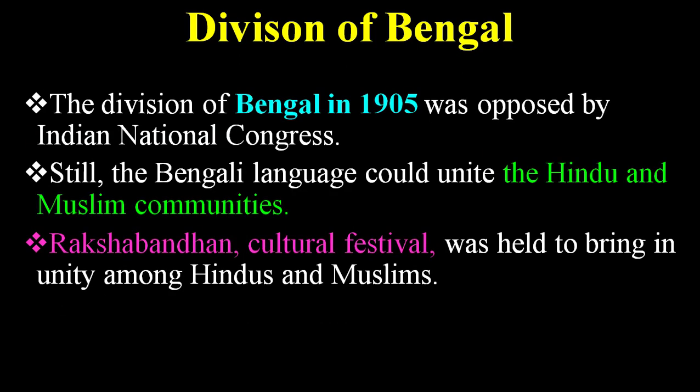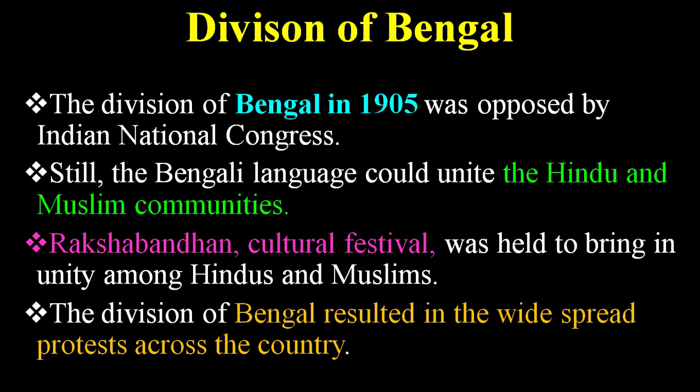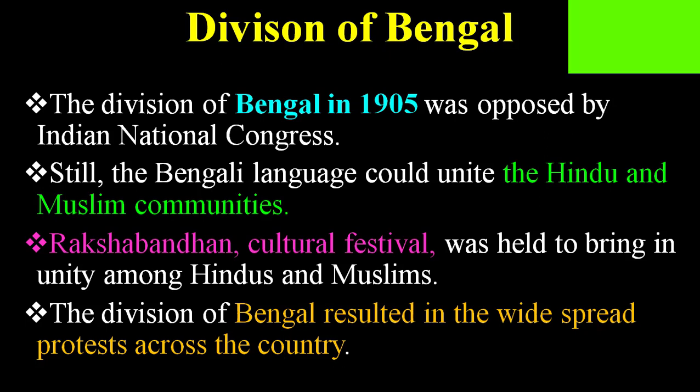The division of Bengal in 1905 was opposed by the Indian National Congress. Still, the Bengali language could unite the Hindu and Muslim communities. The Raksha Bandhan cultural festival was held to bring unity among Hindus and Muslims.